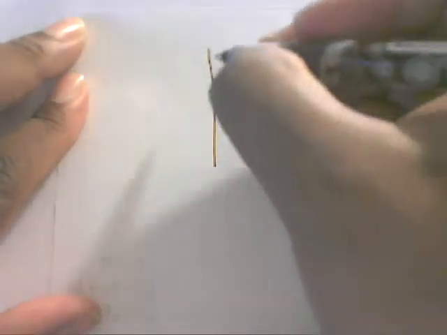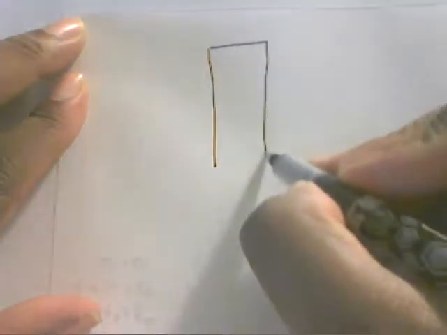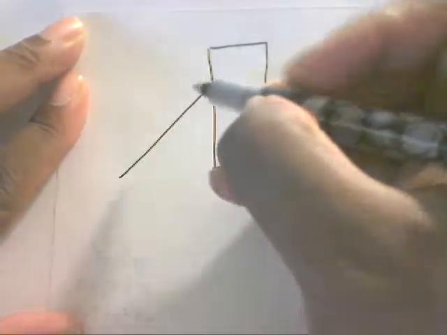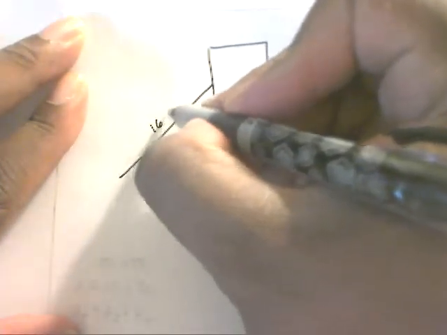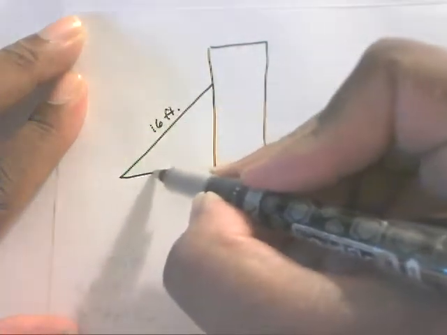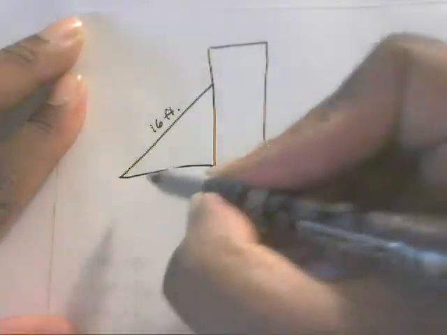So here's what it looks like pictorially. Here's a vertical wall of a building, and here's a 16-foot ladder, and it's placed against that vertical wall. And then the bottom of this ladder is on level ground.